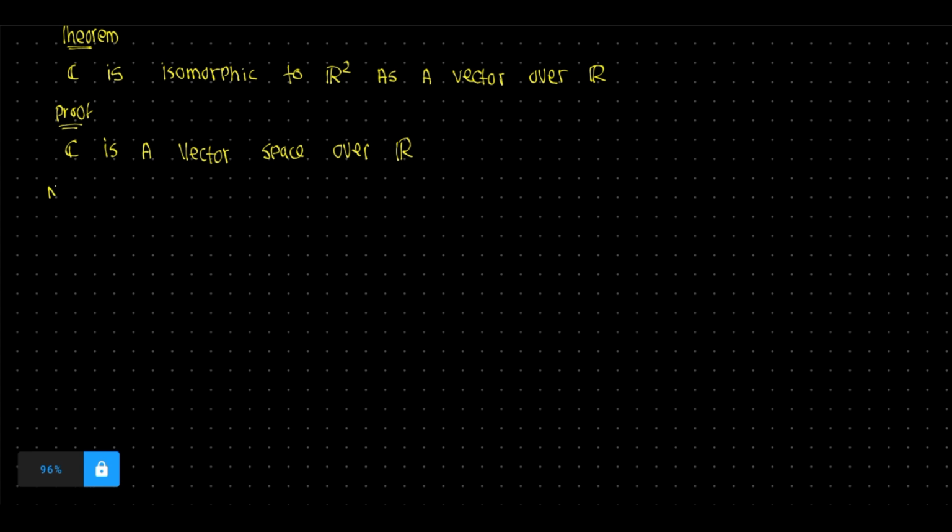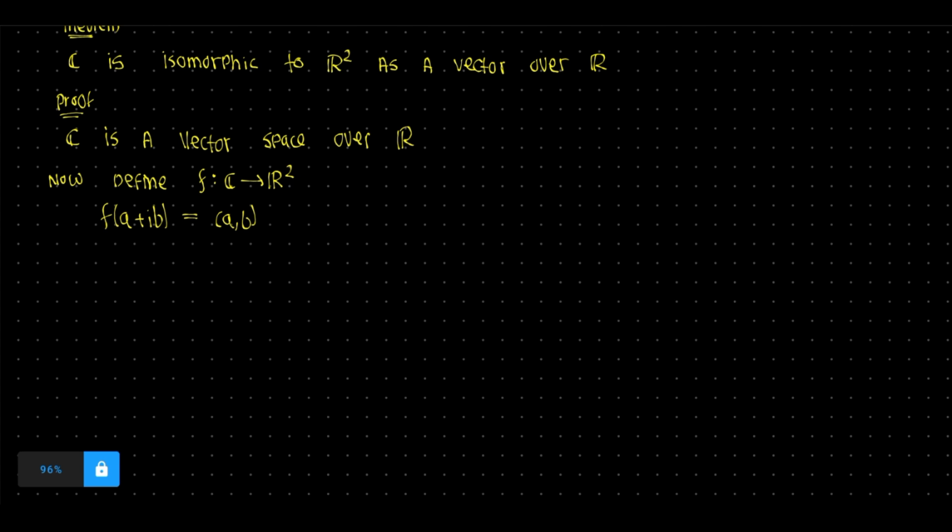So now define f from C to R2 as f of a + ib equals (a, b). So note that this function is bijective. So yeah, f is a bijection, hence C is isomorphic to R2.